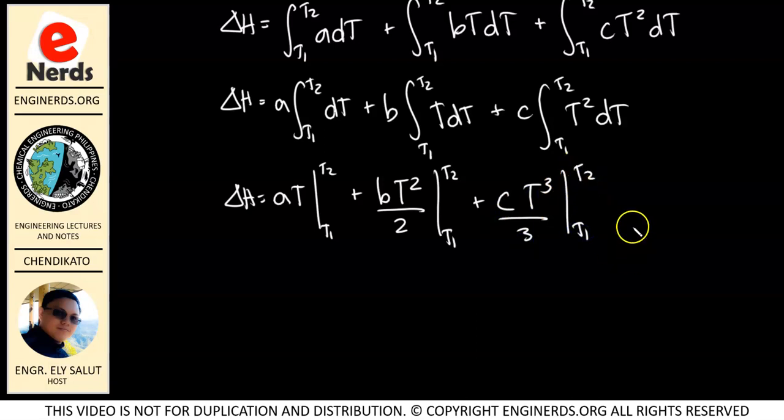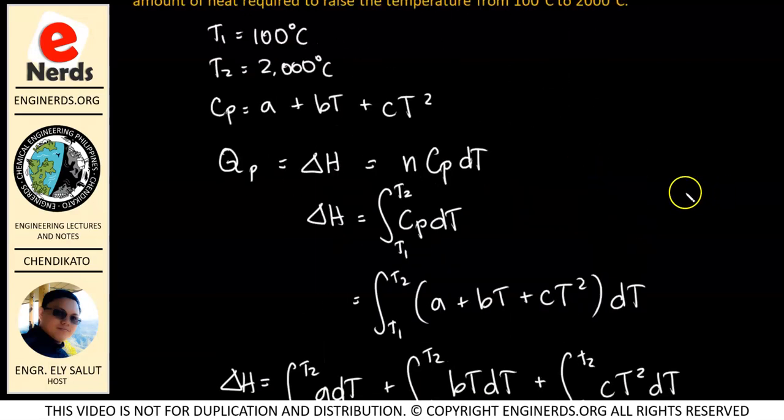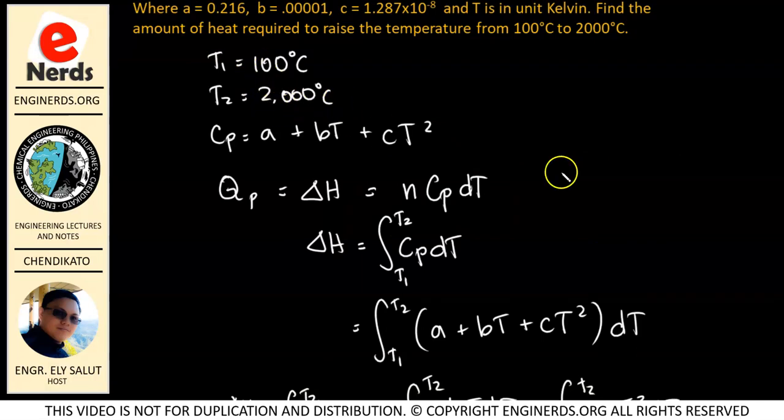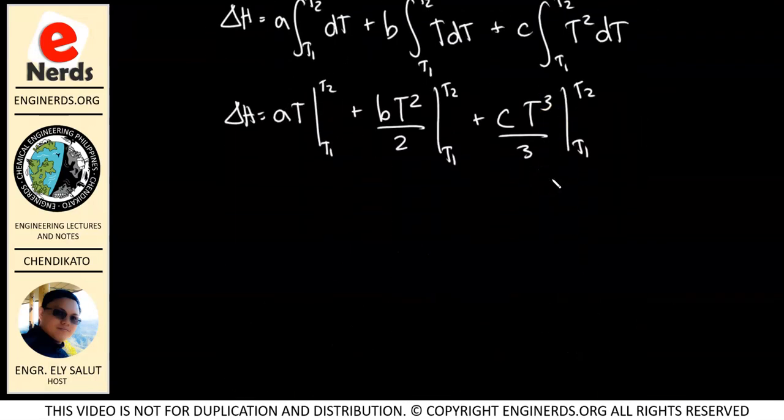Again, our T1 is equal to 100 and our T2 is equal to 2000. So therefore, now we could substitute that.